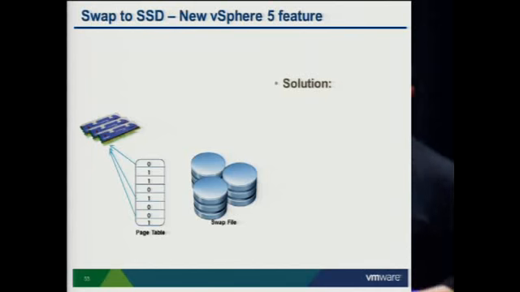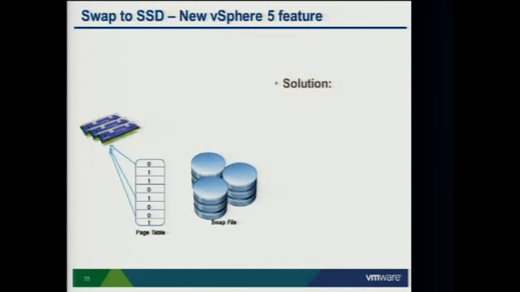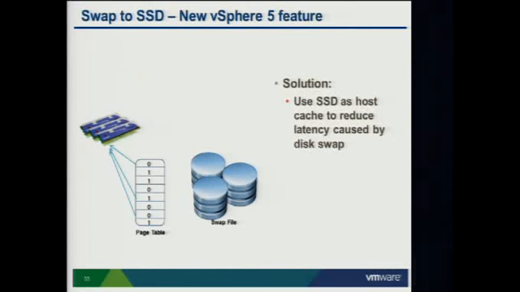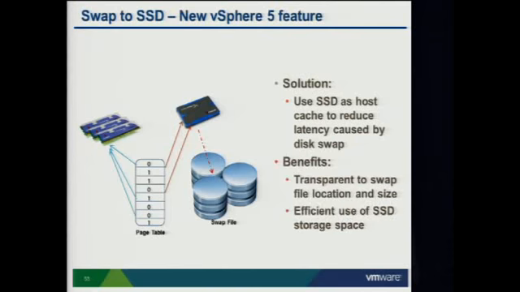In vSphere 5, there is a new feature called swap to SSD, or host cache. Basically, the idea is to use SSD as a host cache to reduce latency caused by disk swap. And the nice thing is it's transparent to swap file locations and makes efficient use of SSD storage space.